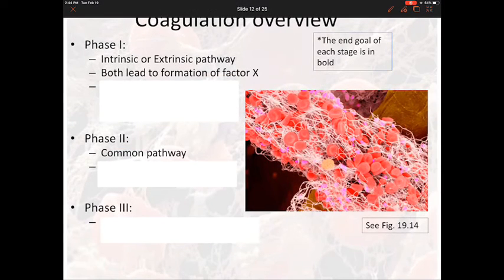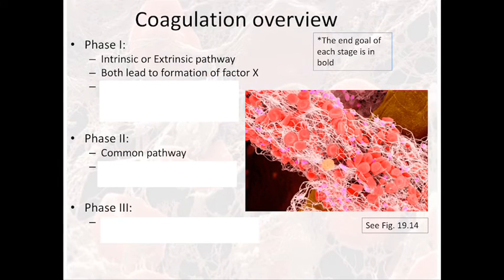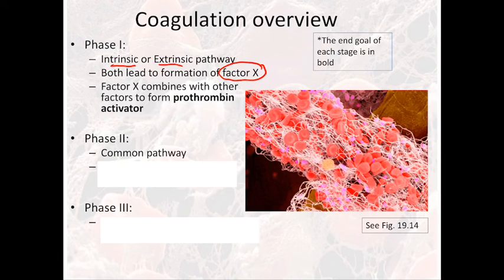All right, so the next step is looking at the overview of the clotting cascade, and really there's 3 phases. Phase 1 is the only one that has 2 options. There's the intrinsic or extrinsic pathway, but the bottom line is both of them lead to the formation of factor 10, or factor X, and then factor X combines with other factors to form what's called prothrombin activator.